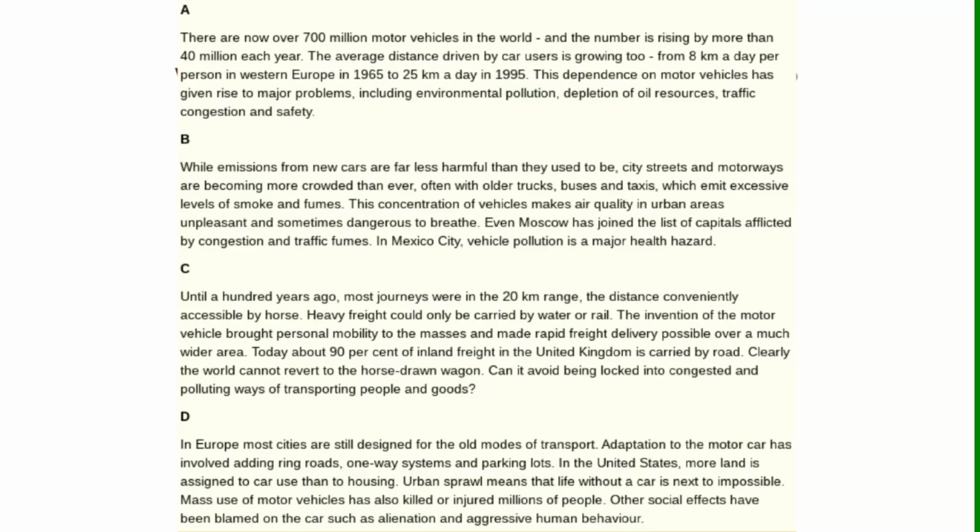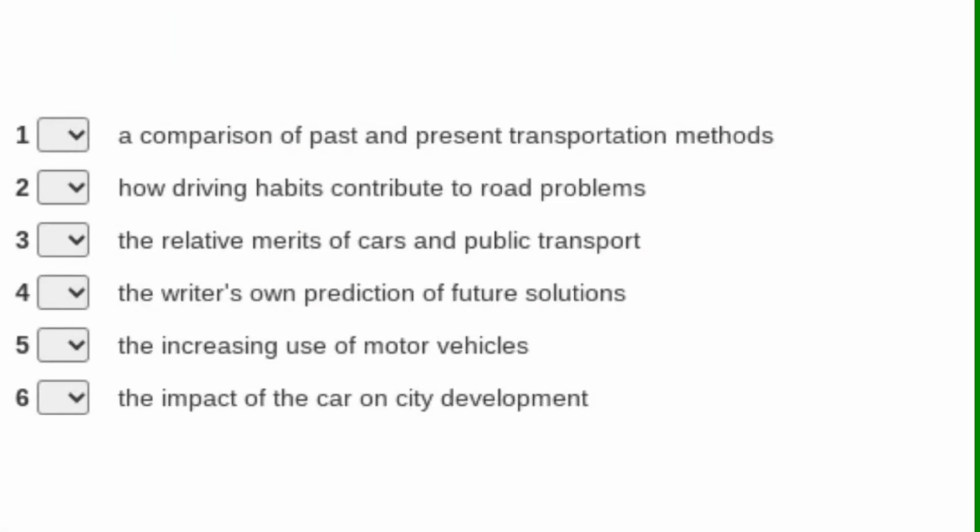Here's an example of some reading text. You can see the paragraphs have been labelled A, B, C, D, and so on. The question will be one of two different ways. In this example, the questions are a list of headings.